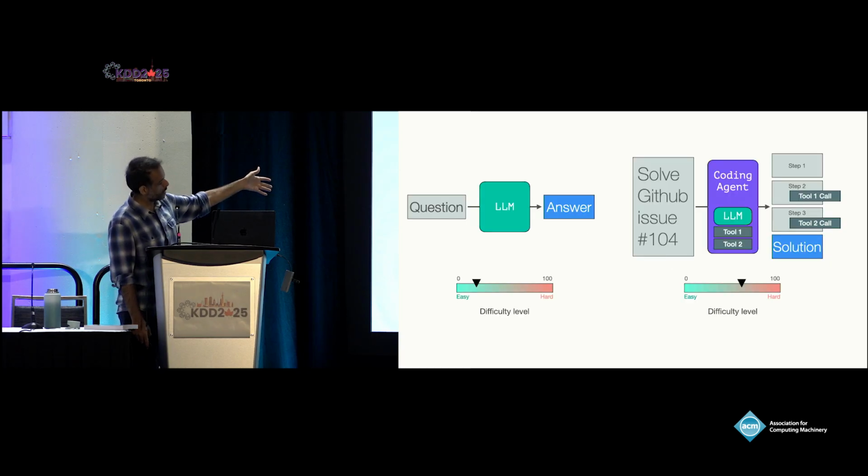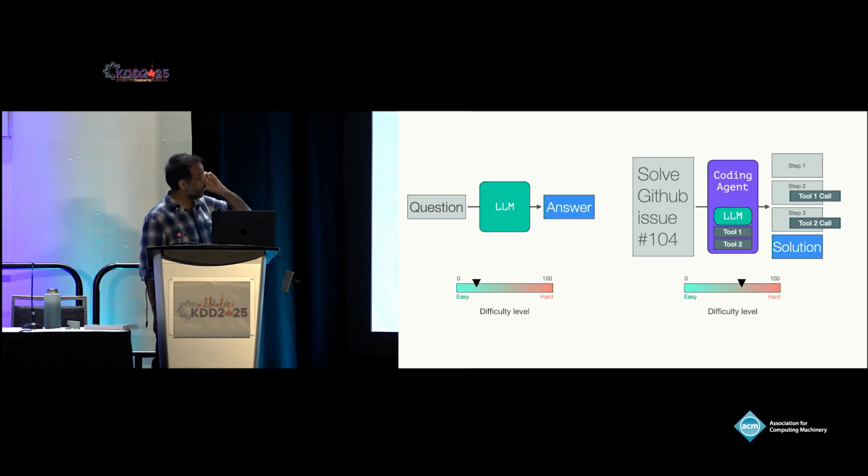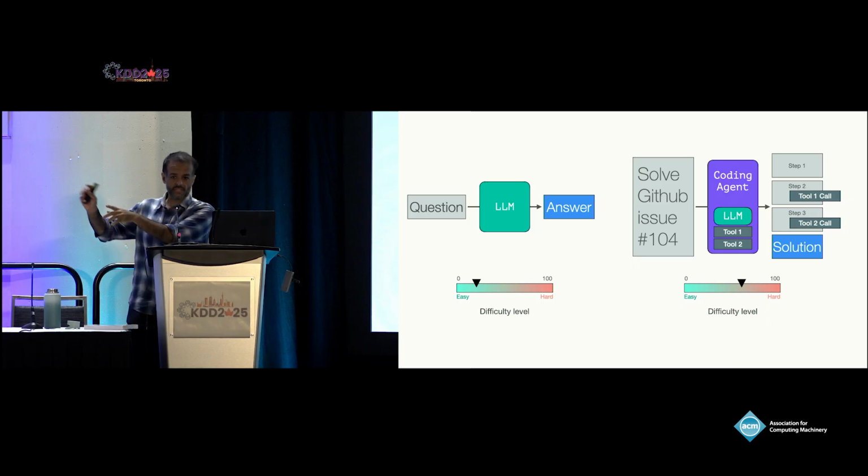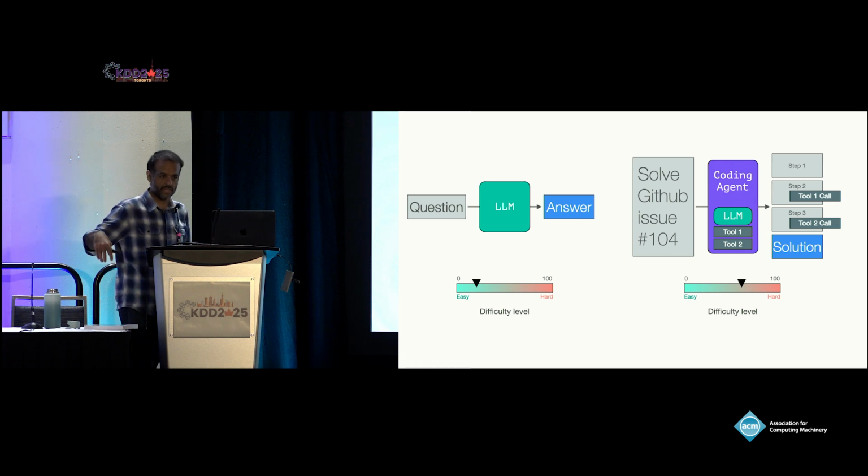You can solve easier problems, but now coding problems are measured with SWE-bench, the software engineering benchmark, where the input is a GitHub issue. You're saying, here's a link to a GitHub issue, go solve that for me. And that's what the models are now being rated on in terms of code performance.